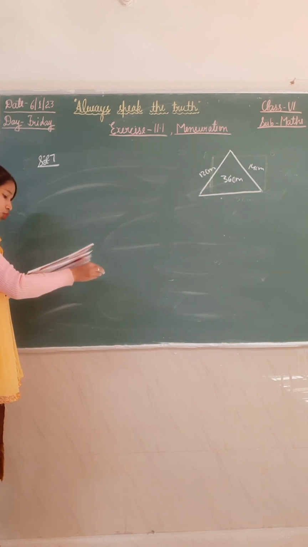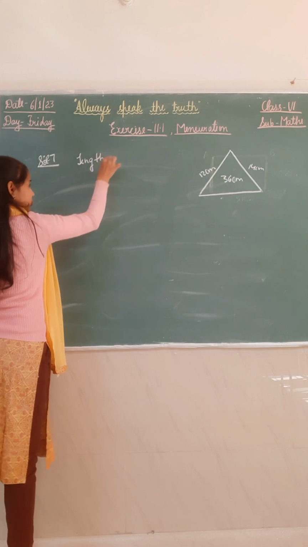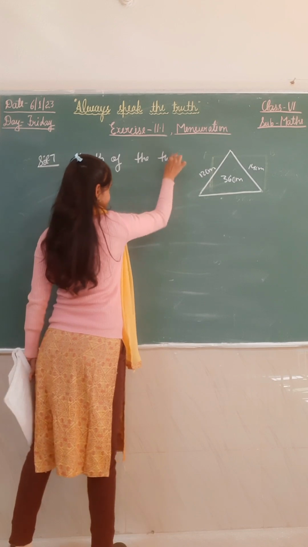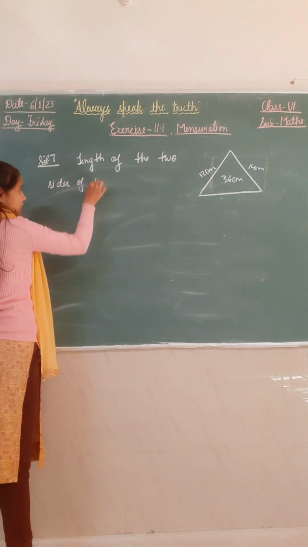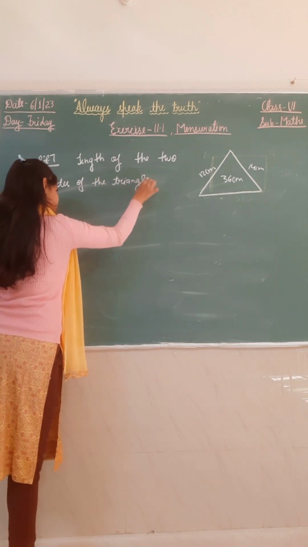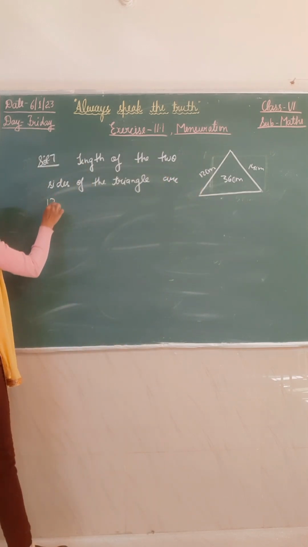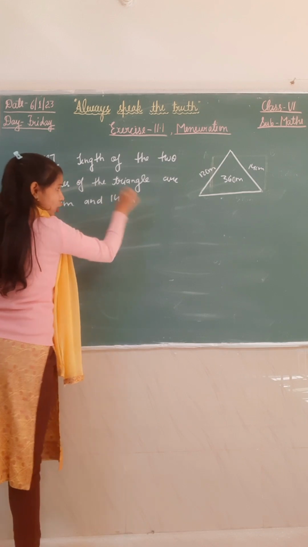The length of the two sides of the triangle are 12 centimeter and 14 centimeter.